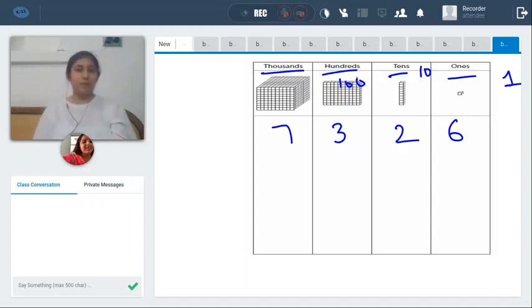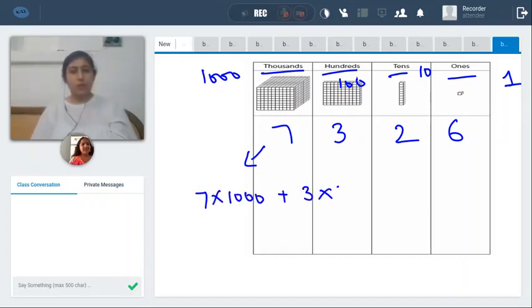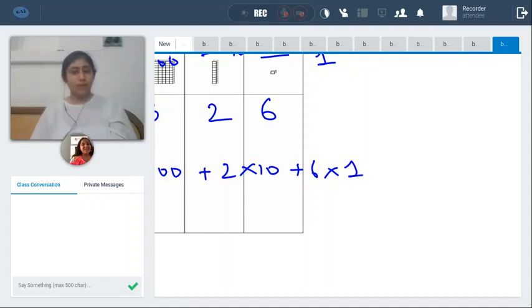And at this place? 1,000. Very good. And how are you going to spell this whole term? It would be 7,326. Very good. So how will you write it in expanded form? It is 7 into 1,000 plus 3 into 100 plus 2 into 10 plus 6 into 1.